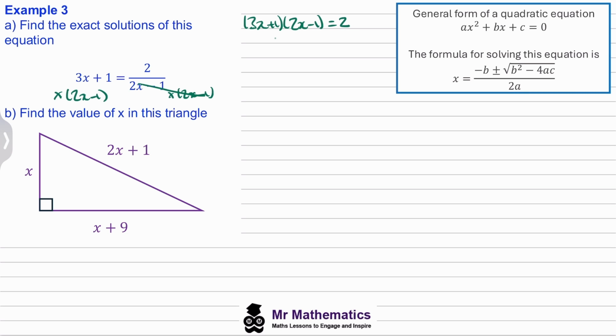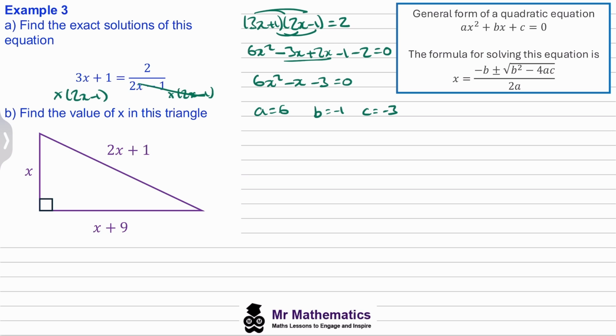Now we'll expand out this quadratic. We'll get 6x squared minus 3x plus the 2x minus the 1. And we'll move that 2 over to the left-hand side. We can tidy this up as 6x squared minus x minus 3. So a is 6, b is negative 1, and c is negative 3.